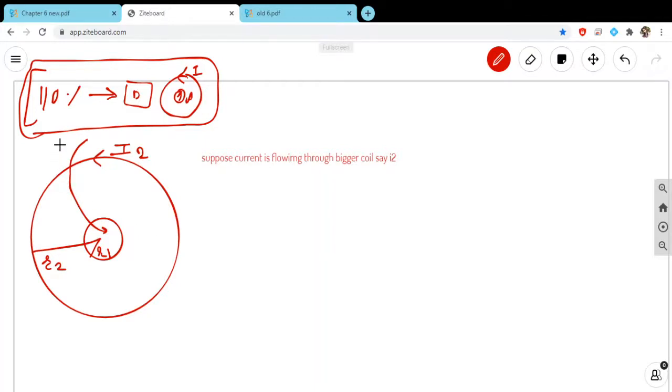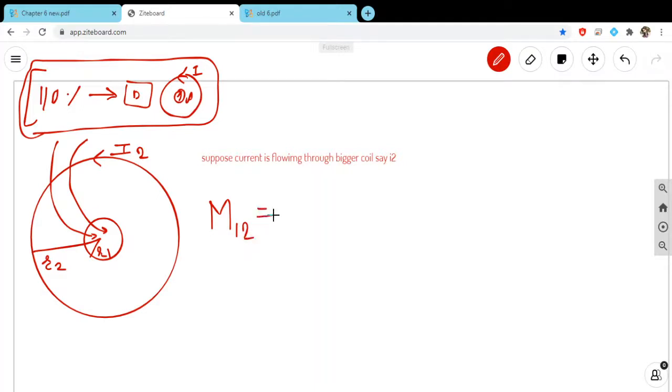Are you getting my point? The magnetic field will be produced by the bigger coil and that magnetic field will pass through the smaller coil. So the inductance actually will be obtained for the smaller coil. So for mutual inductance, the flux is connected to the smaller coil, and the current is flowing through the bigger coil.